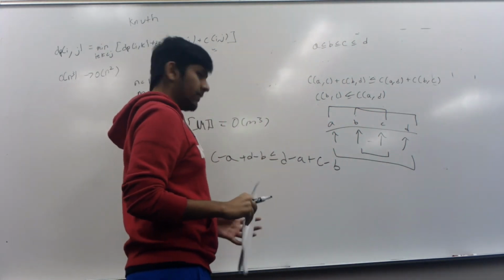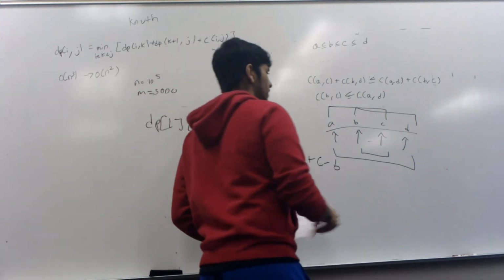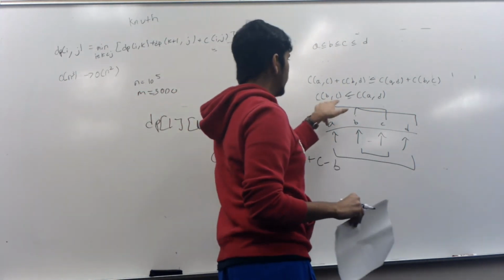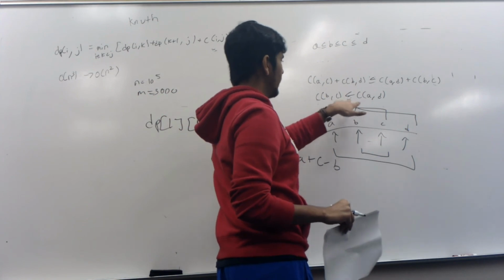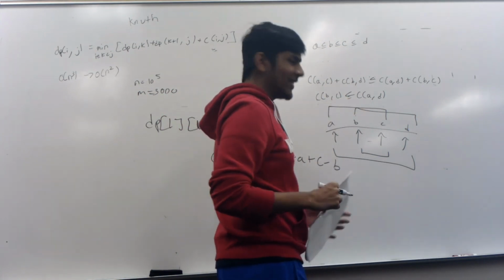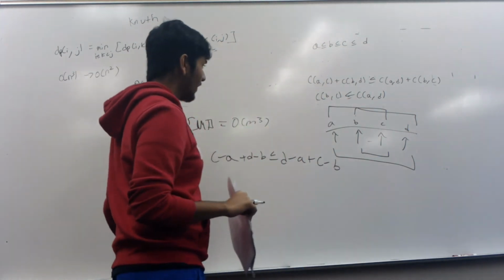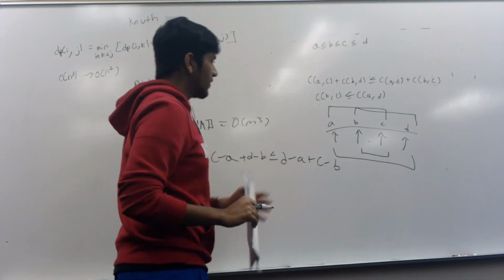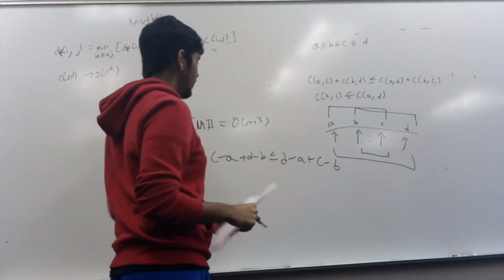Yes, both sides are equal. It turns out these costs are always equal, and this is pretty trivial to see. And so this pretty much gives us the green light to go ahead and try using Knuth optimization.